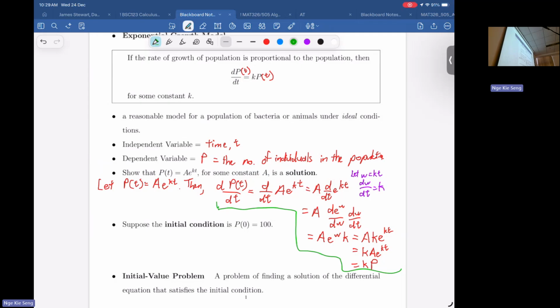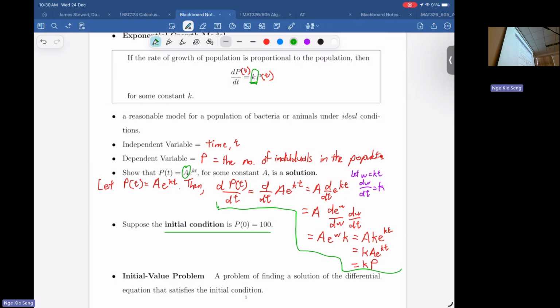But then you can note that there's a constant A here. The constant k here is fixed by your differential equation, but this A is just an arbitrary constant. So how we determine this constant is if you have an initial condition. Then this constant can be determined.